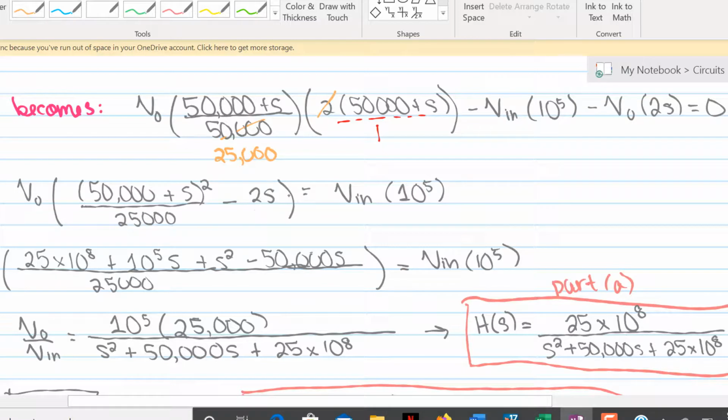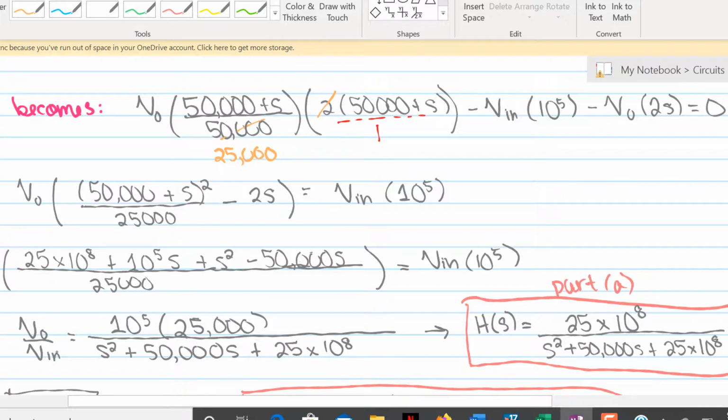I just had to multiply the minus 2s times the 25,000, and I multiplied out that 50,000 plus s squared. Then I combined the 2 terms with s, because this 10 to the 5th is 100,000, minus 50,000 is 50,000. So I combined those terms and multiplied by the reciprocal in one step.